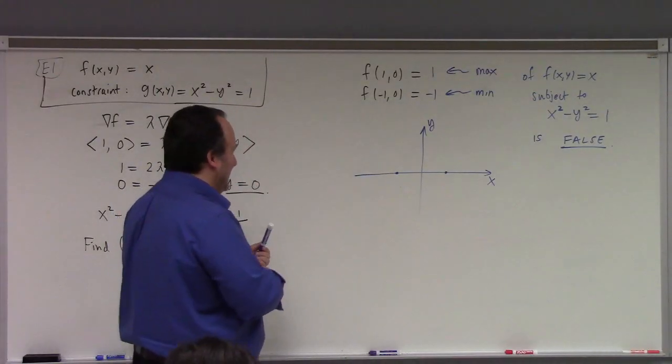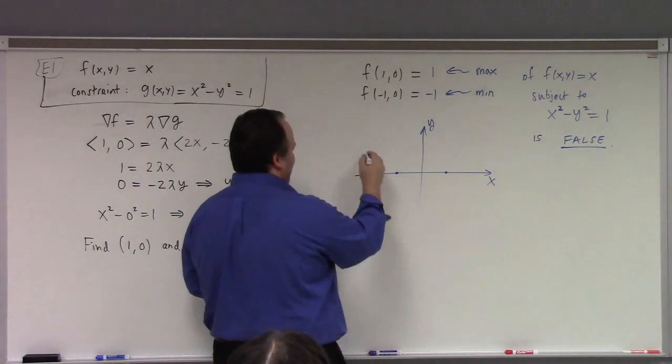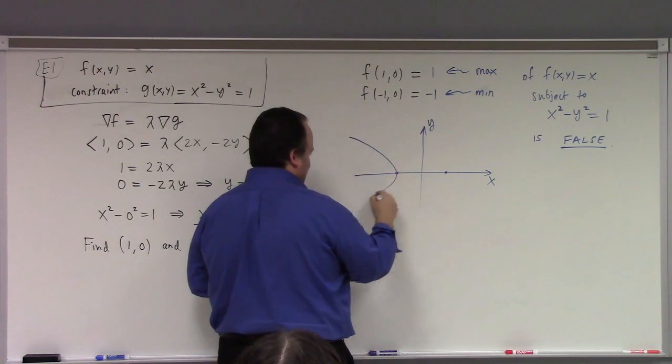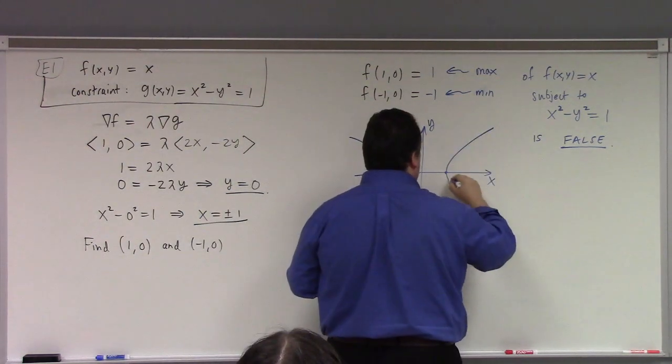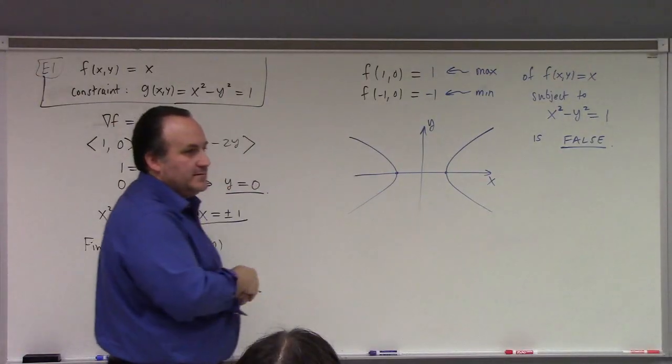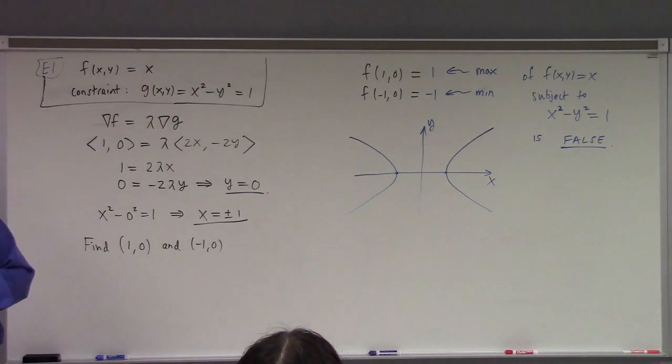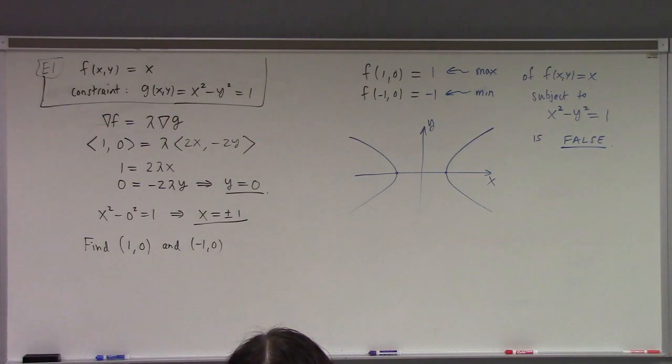And so the hyperbola is like this and like that. So the Lagrange multiplier method has deceived us if we listen to it. But notice the Lagrange multiplier method does have a warning at the start of the theorem. There's a pesky little word here, if: if it attains a max and min.